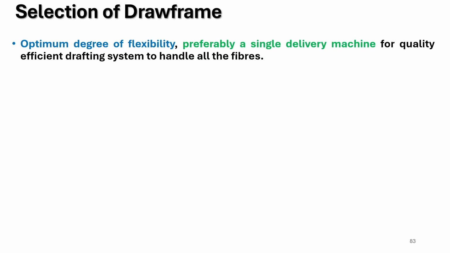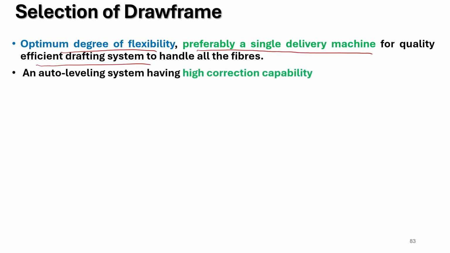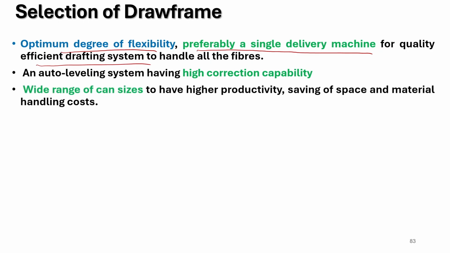Now, how to select the draw frame? Optimum degree of flexibility, preferably a single delivery machine for a quality efficient draw frame system. So, preferably we should use the single delivery machine. Auto leveling system is required in the draw frame. Wide range of can sizes to have high productivity and saving of space and material handling cost.